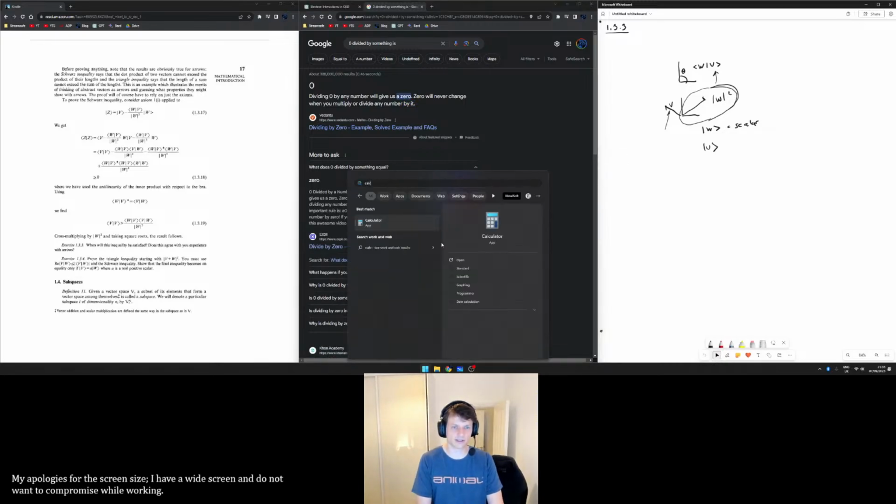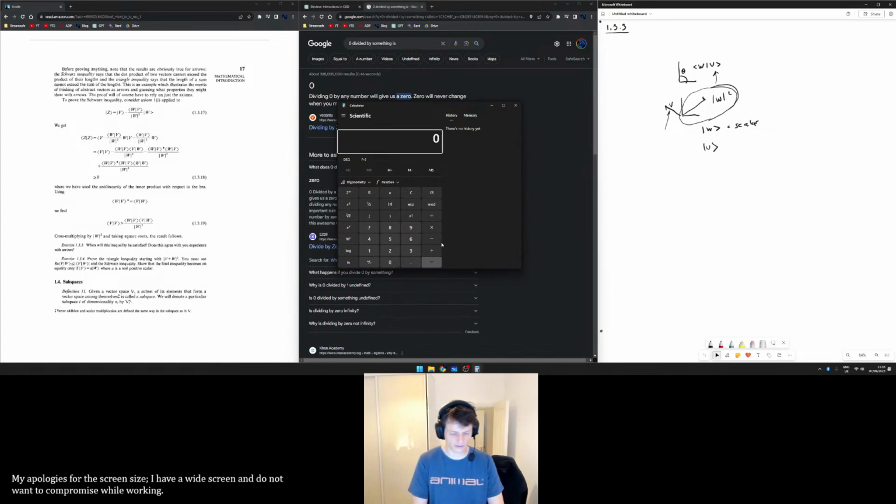It's interesting. I guess it's 0 divided by 0, isn't it? Yeah, okay. So actually, the magnitude of a null vector would be 0, so you're going to get undefined, which isn't possible, right? If we set these to 1, you're going to get 1 divided by 1, which is 1.